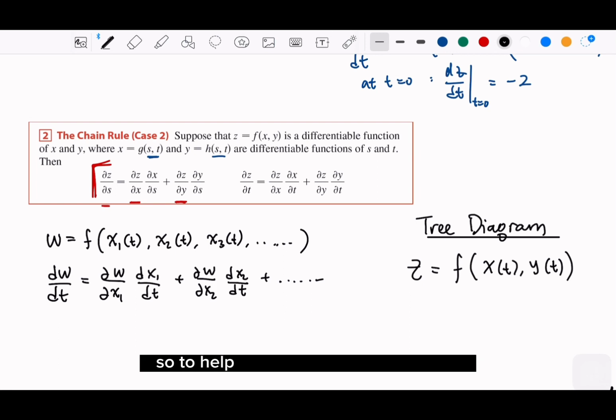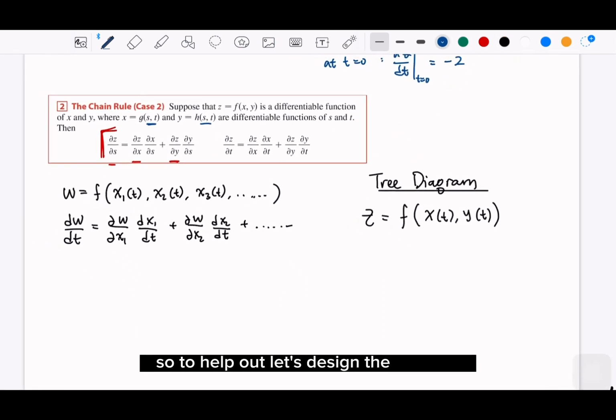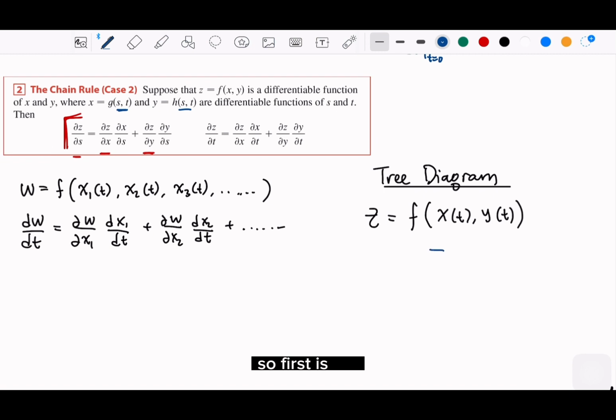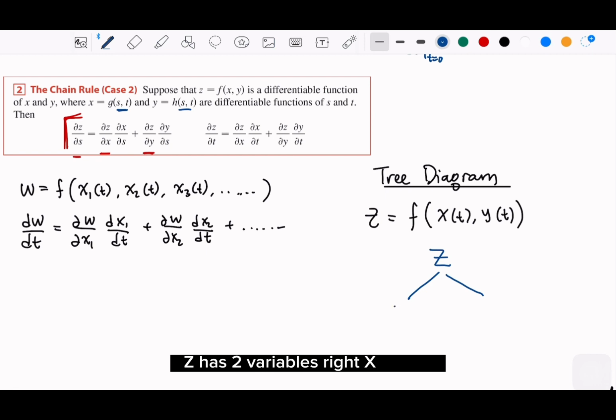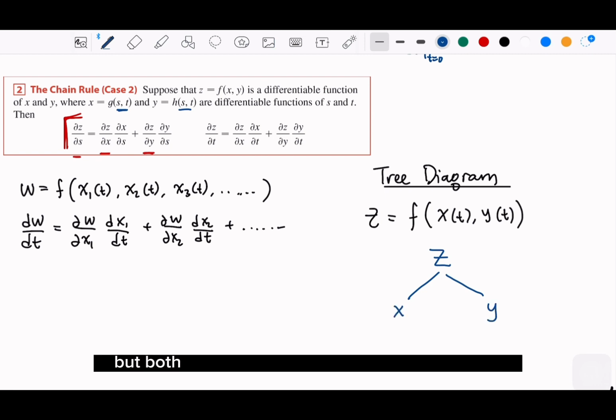To help out, let's design the diagram. First is z; we call it the source. Z has two variables, x and y. But both x and y only have one variable.